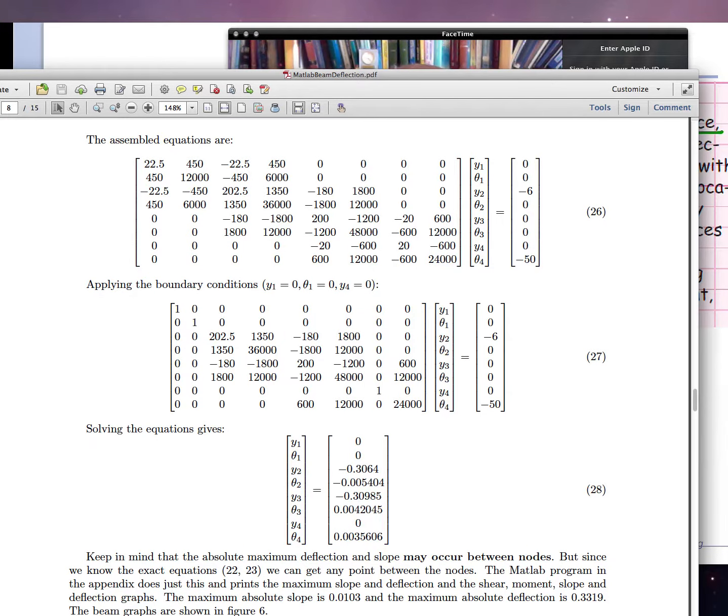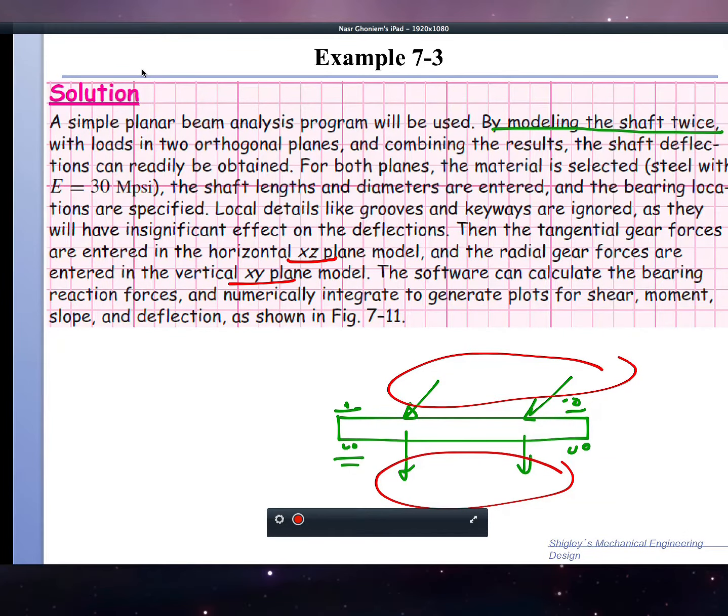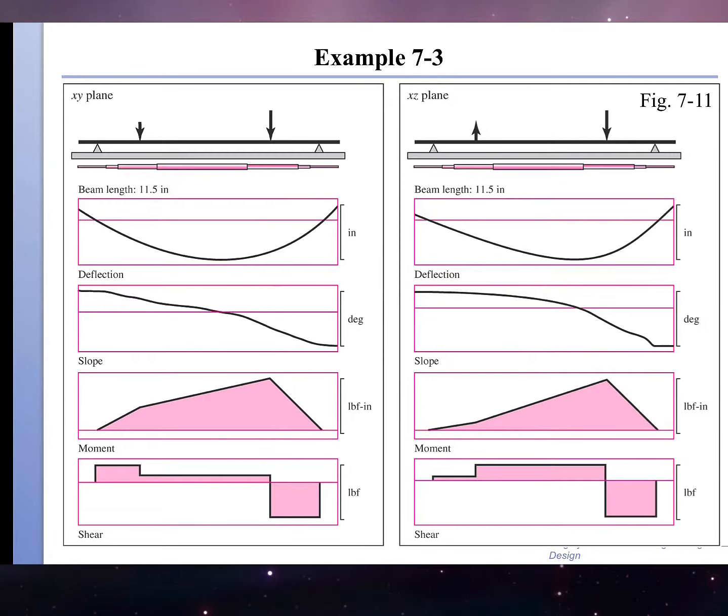And once you do that, then you'll find that we have the following situation. You will find that for the XY plane, the shaft is shown here. Then you have the deflection right there, and the slopes, and the moment distribution, and the shear force distribution.